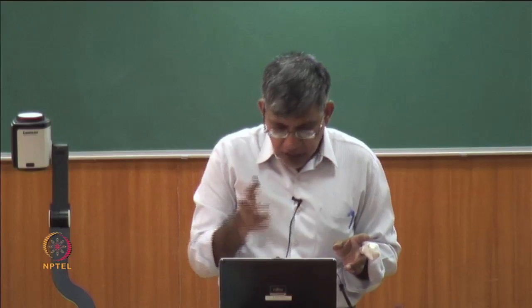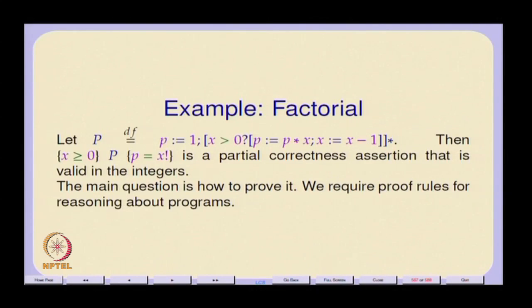Right. So, here let us take, I mean, all programming begins with factorial. So, let us start with factorial. What we are saying is this is a simple imperative program, and of course, there is no IO, there are no program headers, nothing. There are two variables in this program, x and p, and basically think of this program as something that reads in the value of x from somewhere, or it has the value of x pre-specified.